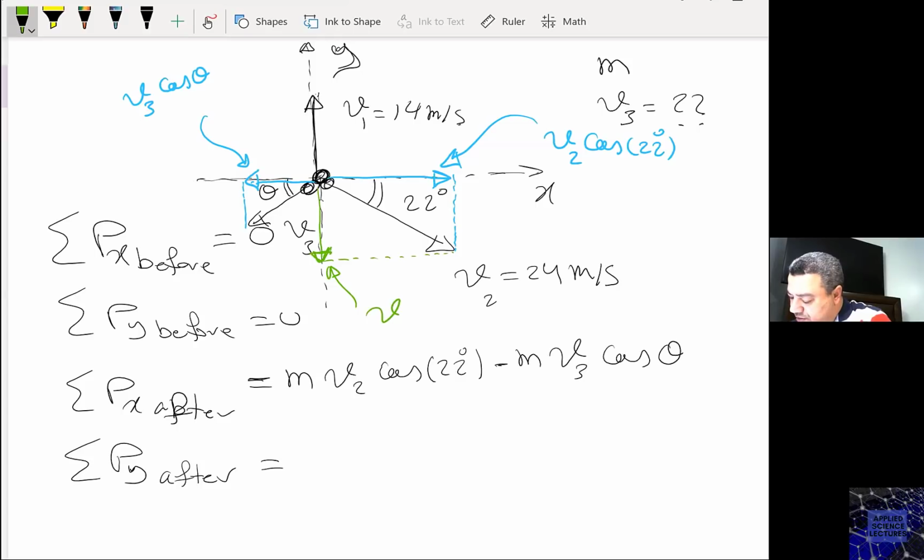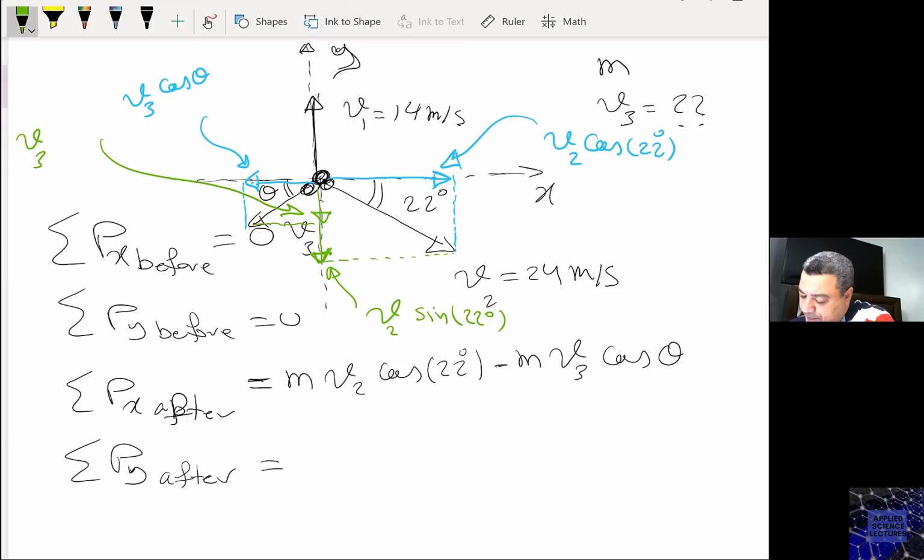It's v2 sine 22 degrees. This one also has a component, it is v3 sine theta, right?